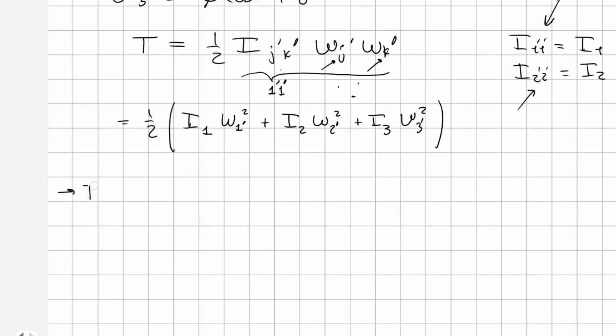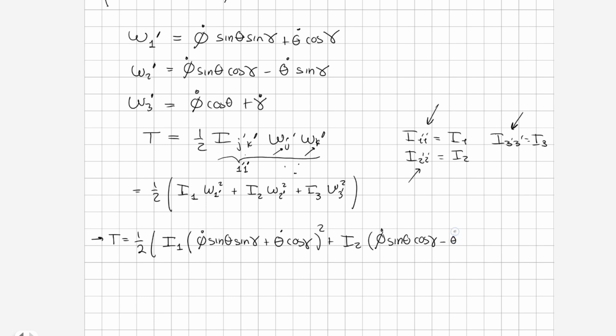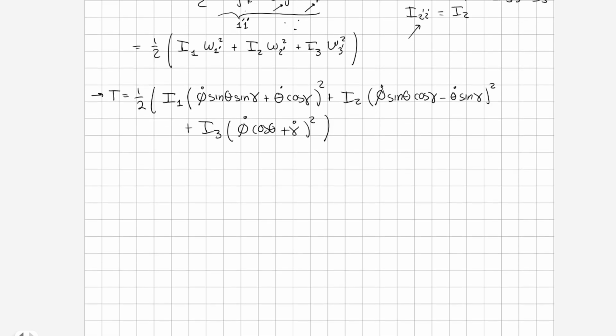We are going to get that the kinetic energy is equal to 1/2 I1 times (phi dot sine theta sine gamma plus theta dot cosine gamma) squared, plus I2 times (phi dot sine theta cosine gamma minus theta dot sine gamma) squared, and then plus I3 times (phi dot cosine theta plus gamma dot) squared. Okay, perfect.